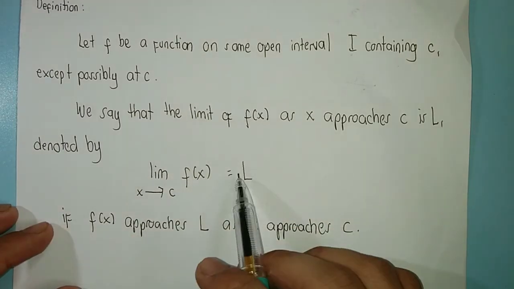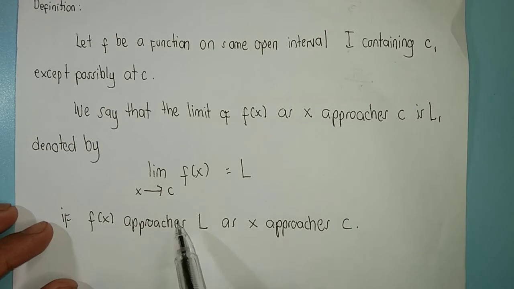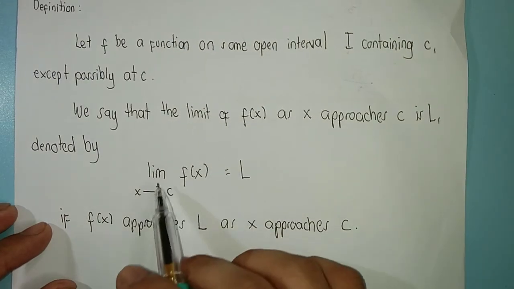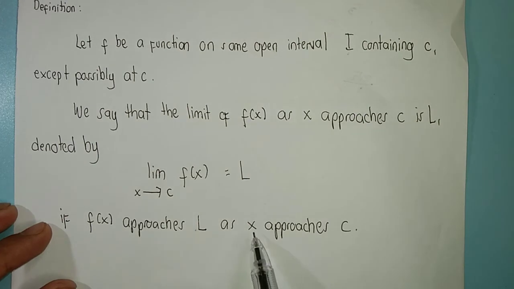Ang ibig sabihin yan, if f of x approaches L as x approaches c. So, eto mismo yung ibig sabihin ng symbol na yan. Okay? Yung limit ng f of x ay L kapag yung x ay nag-a-approach sa c.